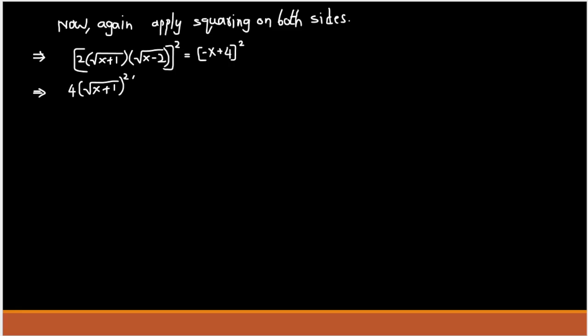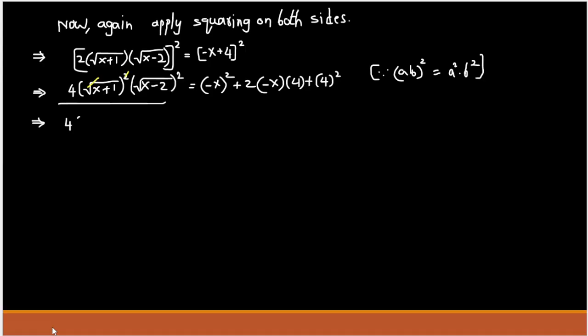So it becomes 2 square is 4, and square root of x plus 1 whole square and square root of x minus 2 whole square equals, here this is like (a plus b) whole square, so we use a square plus 2ab plus b square. Here a is minus x and b is 4. So we get minus x whole square plus 2 of minus x of 4 plus 4 whole square.